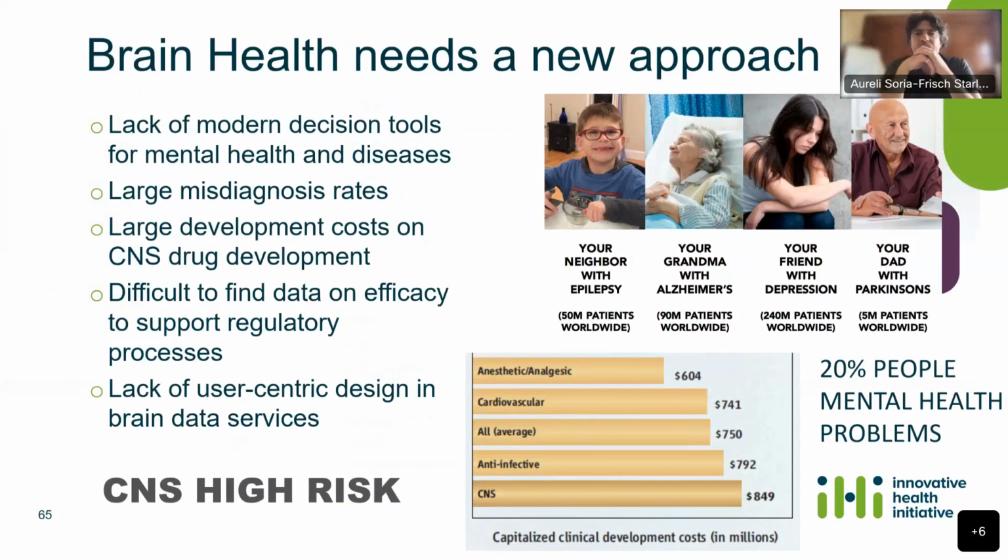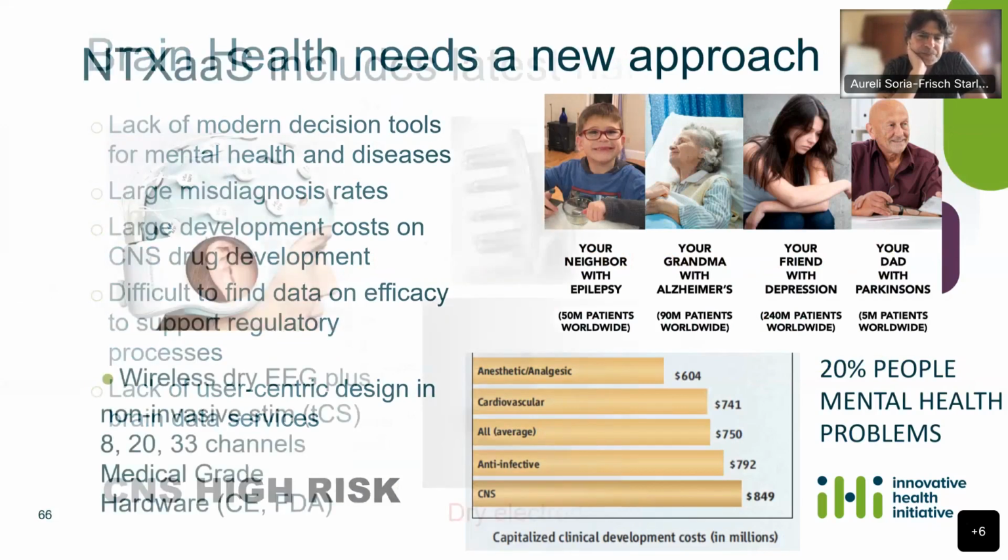As a consequence, we have large misdiagnosis rates in this domain, and this leads to the fact that CNS drug development is one of the highest risk business areas in the pharmaceutical sector. We'd like to provide a solution to this by providing so-called neurotechnology as a service. Next slide.